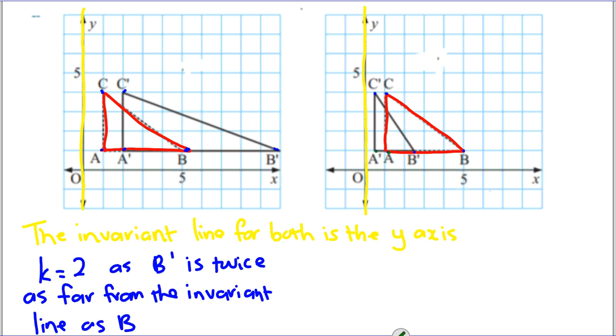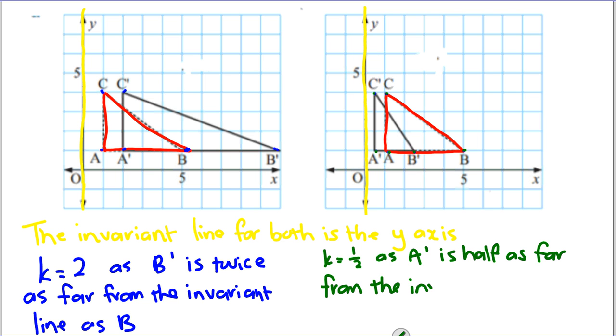Going from A to A dash it halved, going from B to B dash it halved because it went from 5 to 2.5, going from C to C dash it halved. K equals half, and as a reason: A dash is half as far from the invariant line as A was.